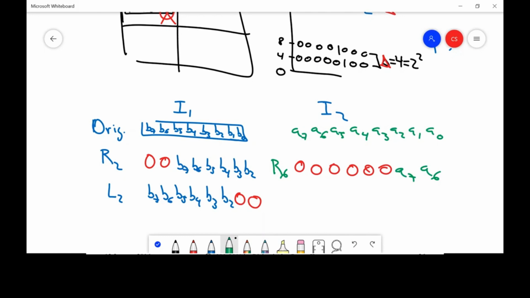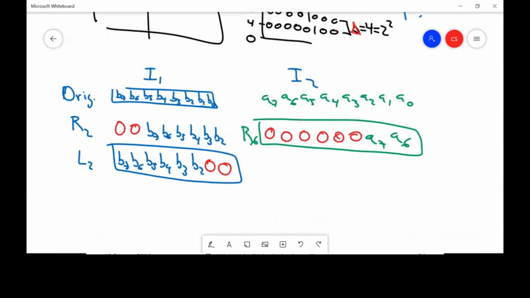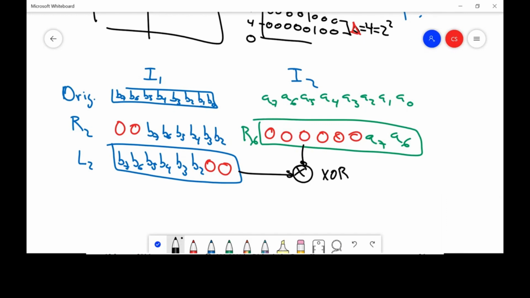Now I can take this byte, and I can compute something. What is this operator? An XOR, an exclusive OR. So it is something XOR 0.